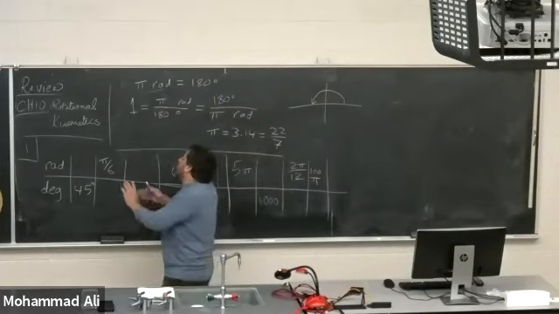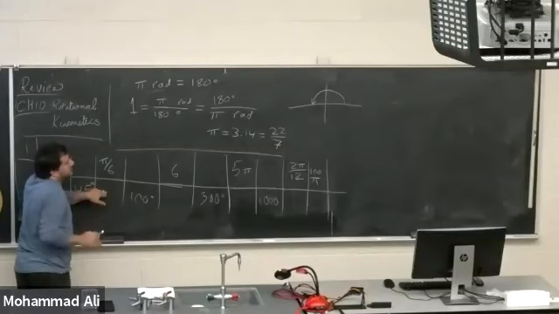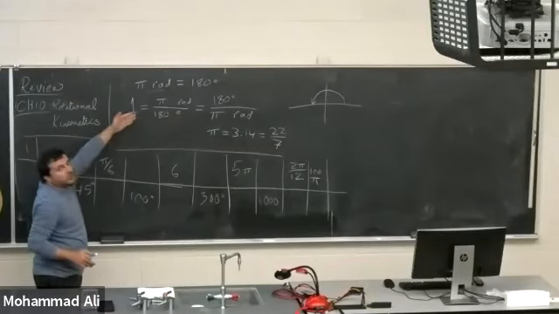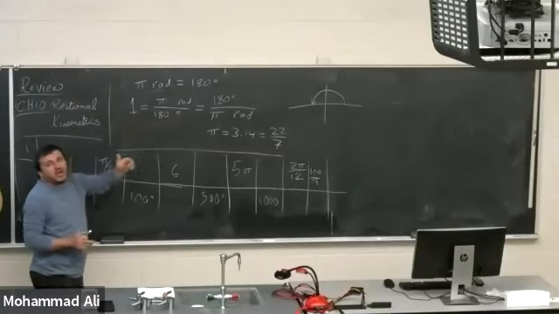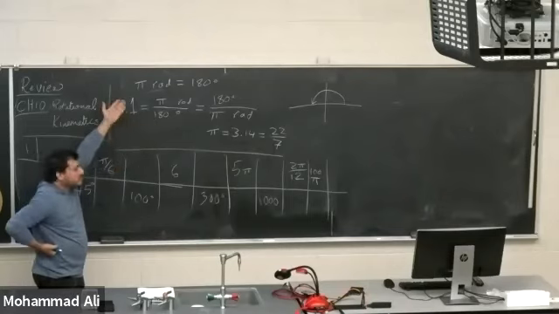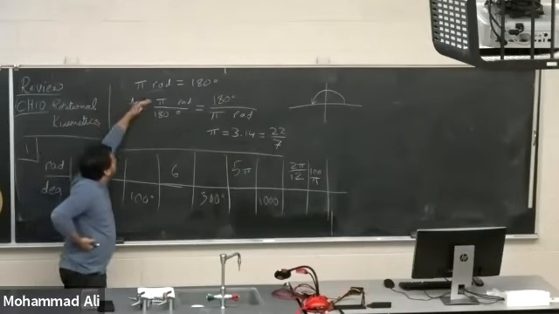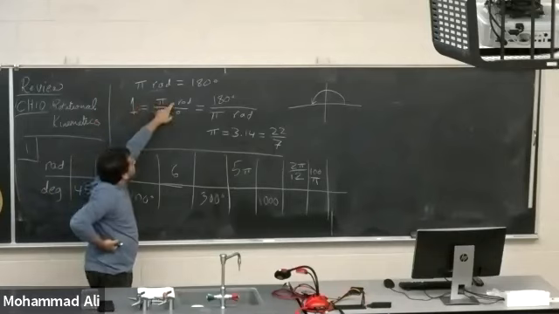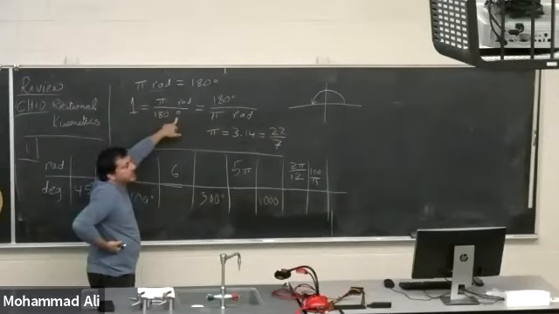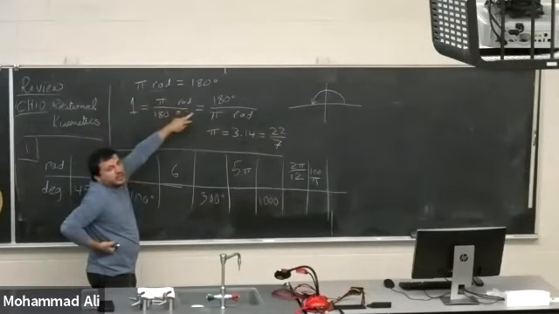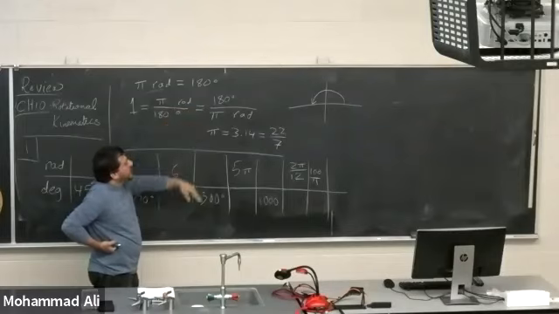If you need to convert from unit to unit, you need to multiply by 1, which is the conversion coefficient, which in our case is pi radian over 180 degrees or 180 degrees over pi radian.